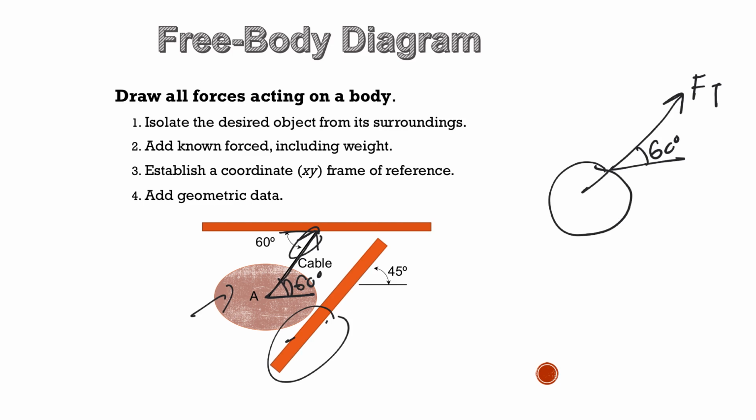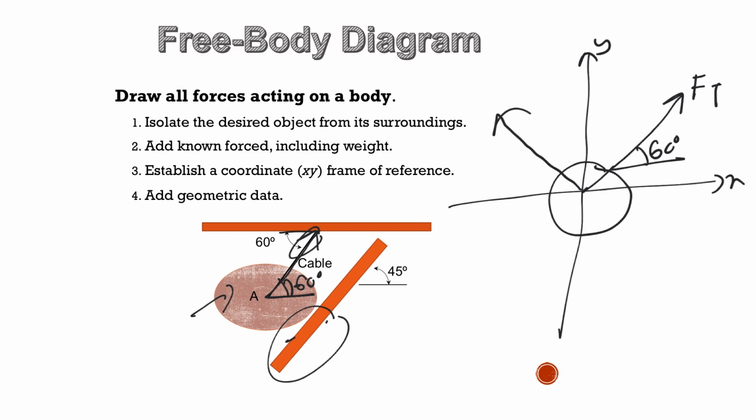Say I put it like this, this is y and this is x, and it should be somewhere here. So it's going to be 45 degrees at this part. So if you have forces here, the 45 degrees is basically here also. That's how you do it.